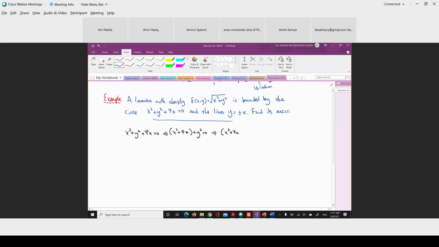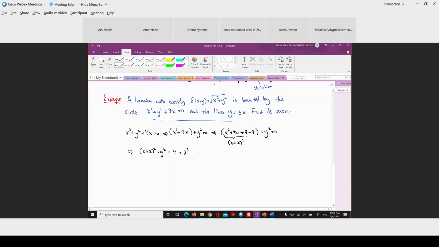Why 4? You look at the coefficient of x, which is 4, divide it by 2 and then square it. But when we add 4, we must take away 4. So the sum of the first three terms can be written as x plus 2 squared. So the final equation is x plus 2 squared plus y squared equal to 4, and 4 is 2 squared.